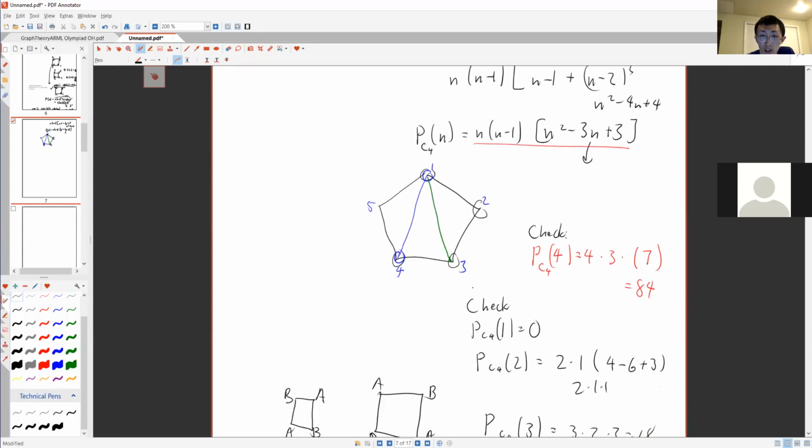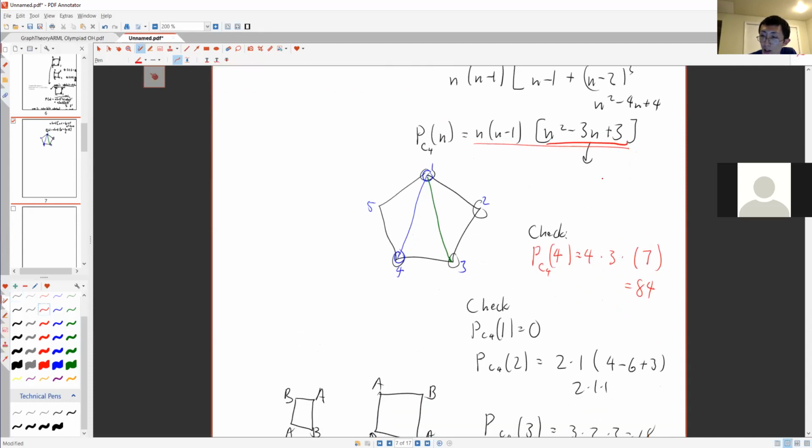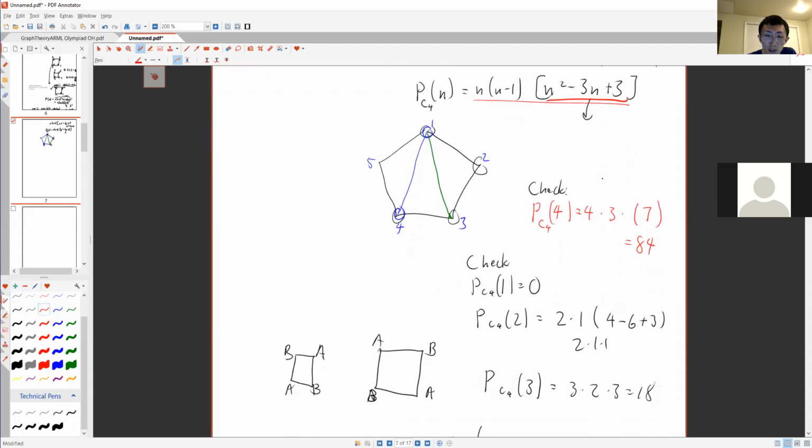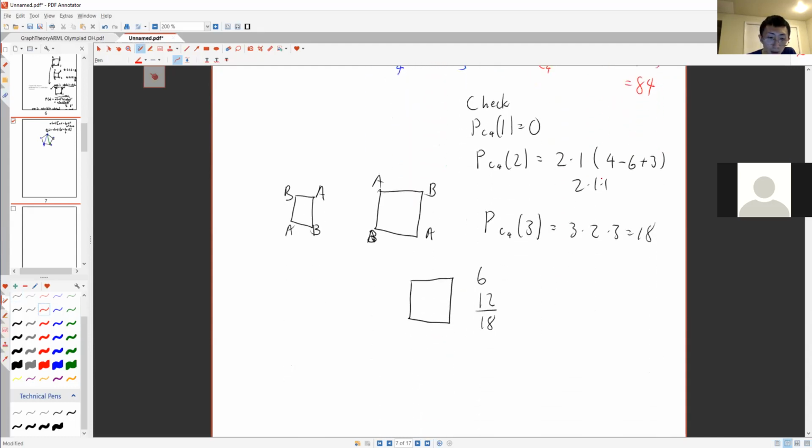So, one question is, will this always be a polynomial, right? Because here we had some weird stuff, n squared minus 3n plus 3, which is not really expected at the very start of the problem.